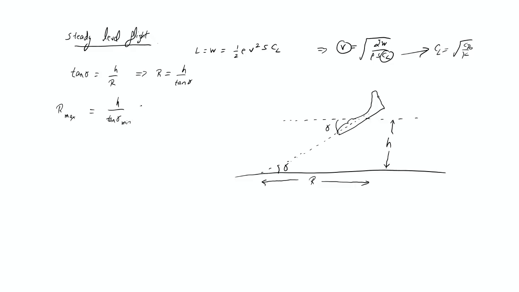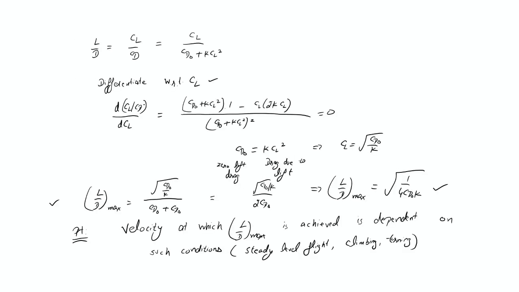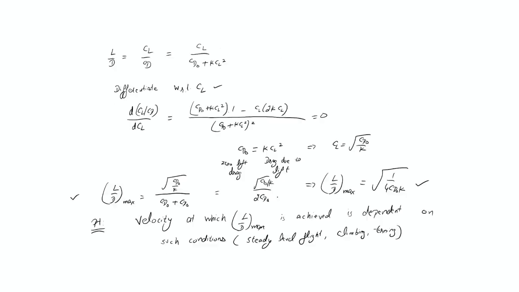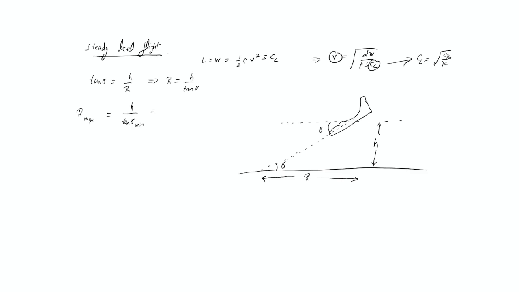gamma minimum. And remember, what was tan gamma minimum? This was 1 by CL by CD maximum. So I can simply write here h into L by D max or CL by CD maximum. So this is how we can easily find the maximum distance the aircraft can travel in a gliding flight.